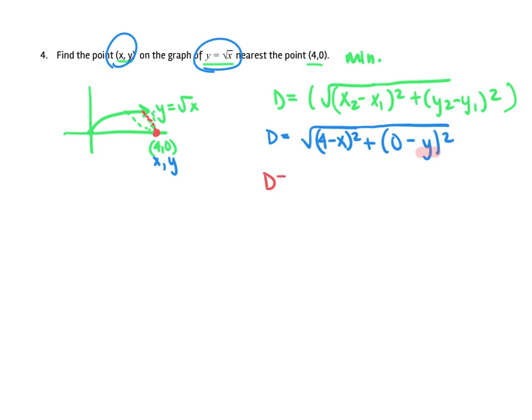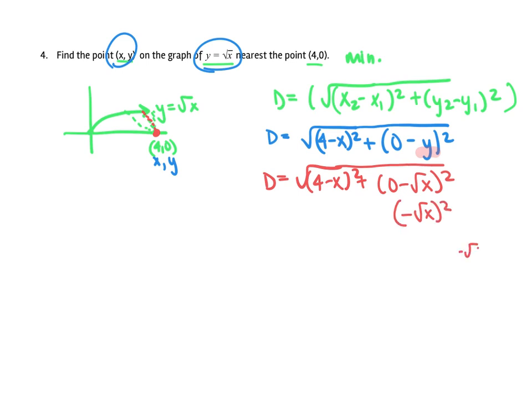So what I now have is this. And 0 minus square root of x is just a negative square root of x. If I take negative square root of x and multiply it by negative square root of x, negative and negative makes a positive, and the square root of x times square root of x is just an x. So this is going to be replaced with an x.